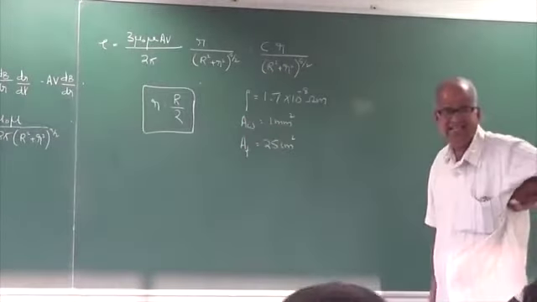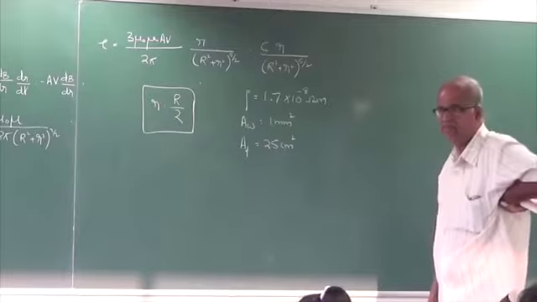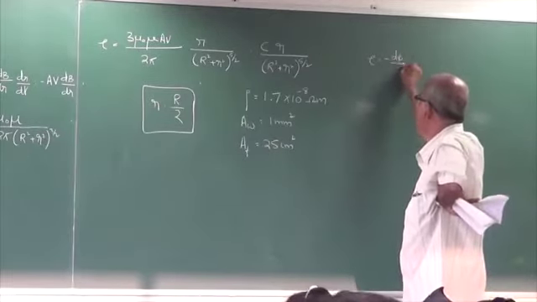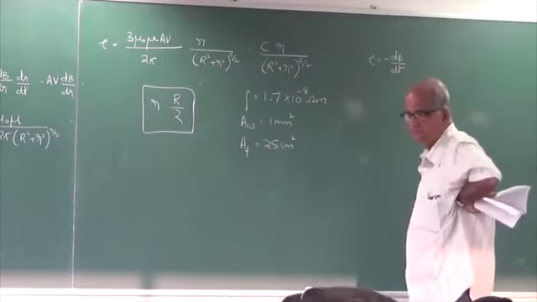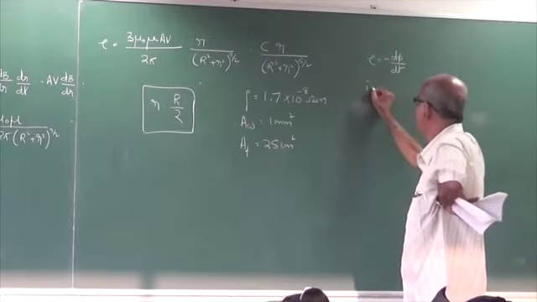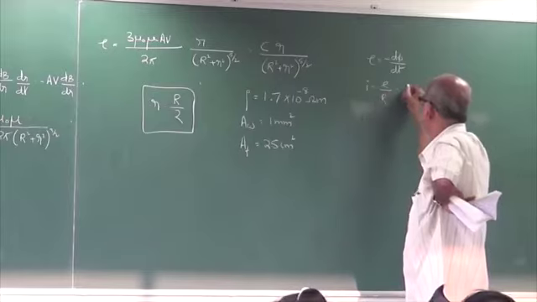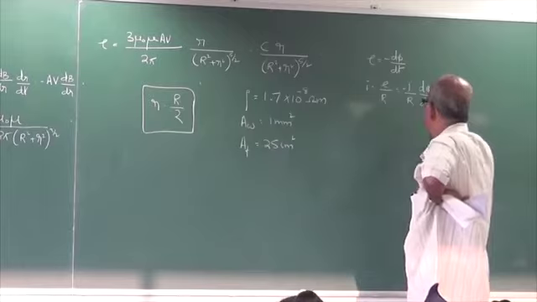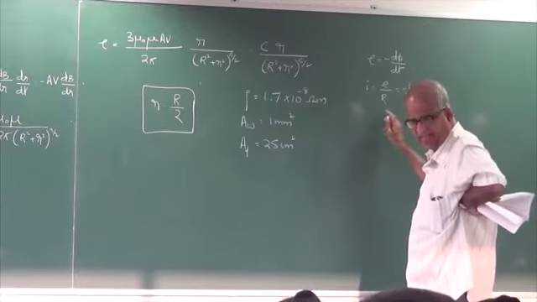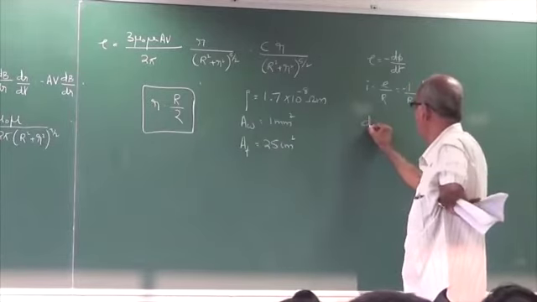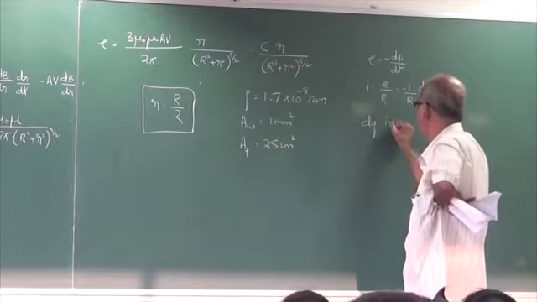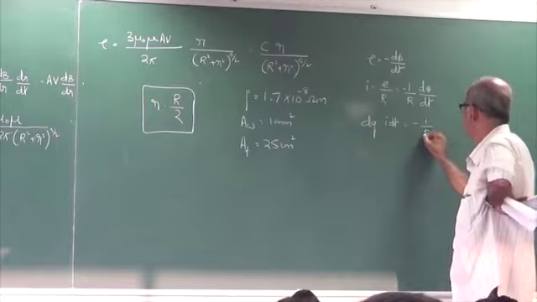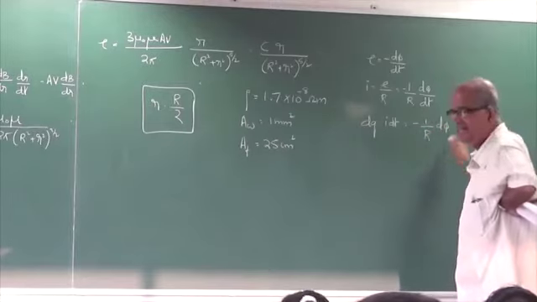How to find the quantity? EMF induced is given by this. So, what is the current? If you know this current, what is the quantity flowing for a small time dt? dq equal to I dt, which is minus 1 by R d phi by dt into dt.